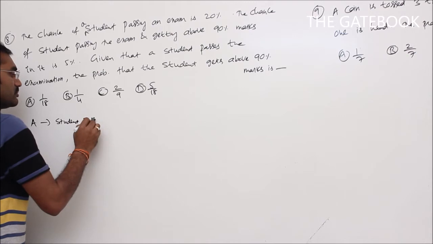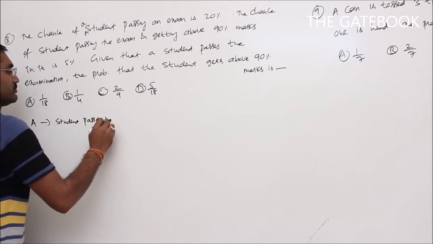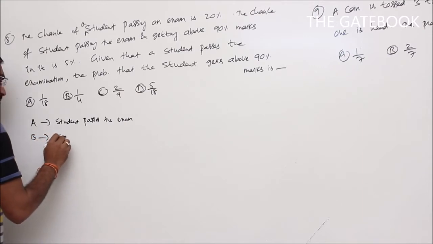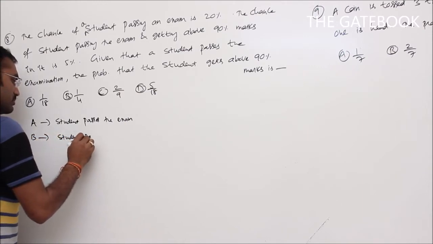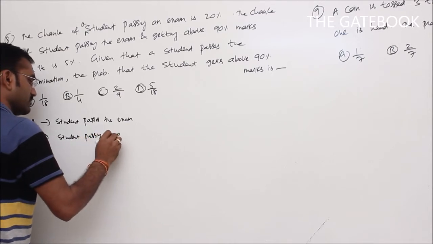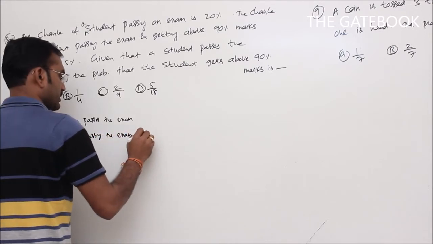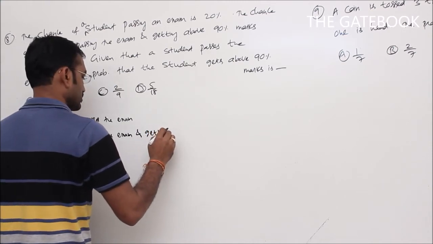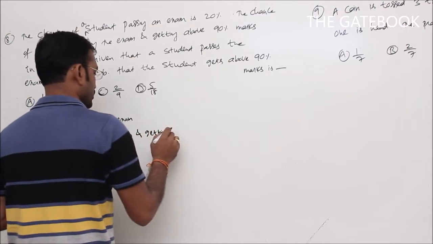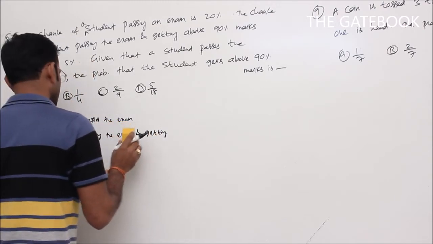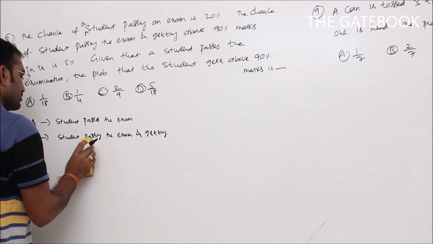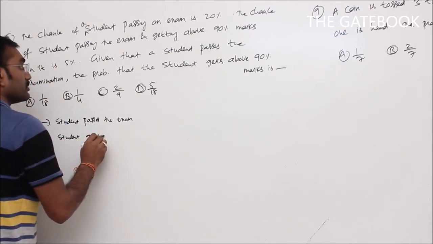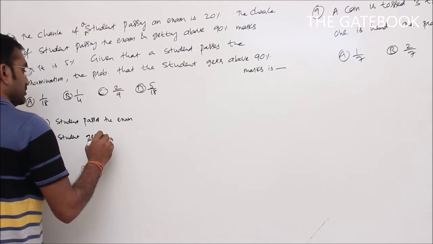And B is the event that the student gets above 90%.